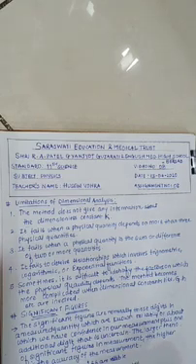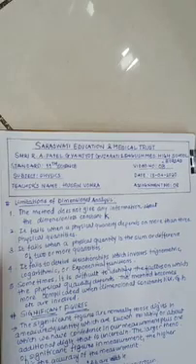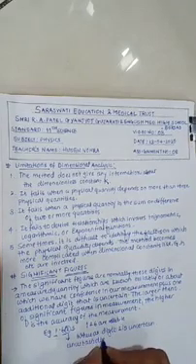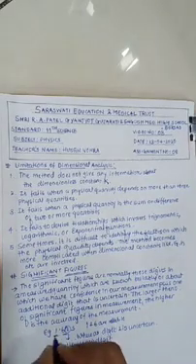This digit 2 is the uncertain digit, and 1 and 6 are reliable digits.